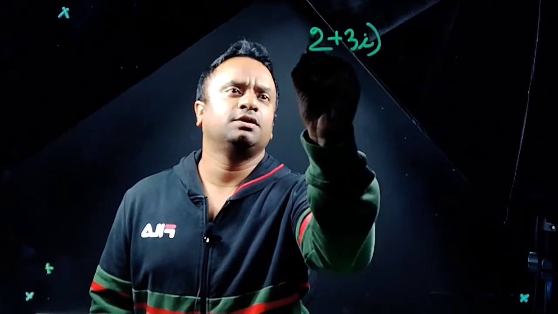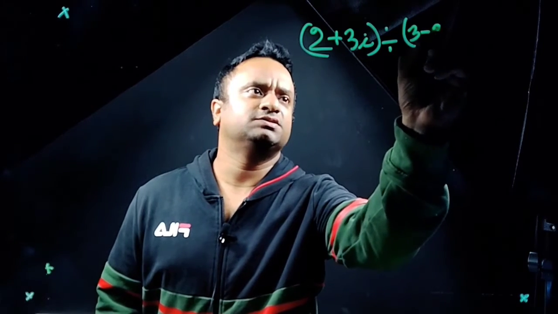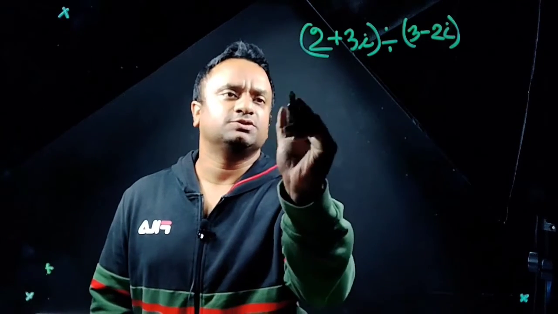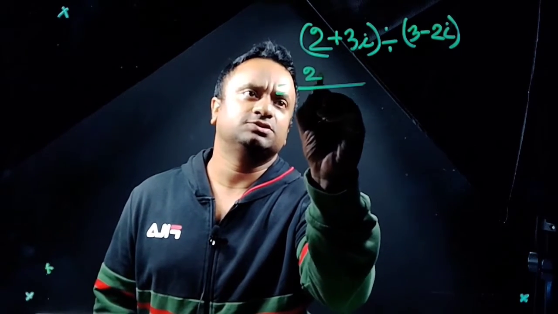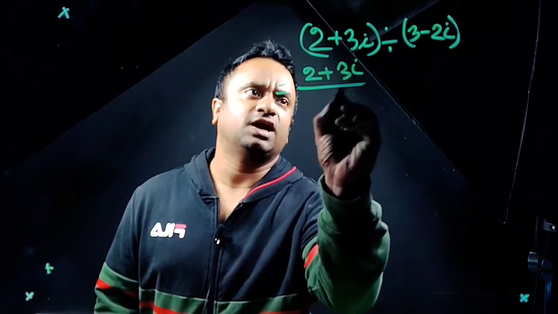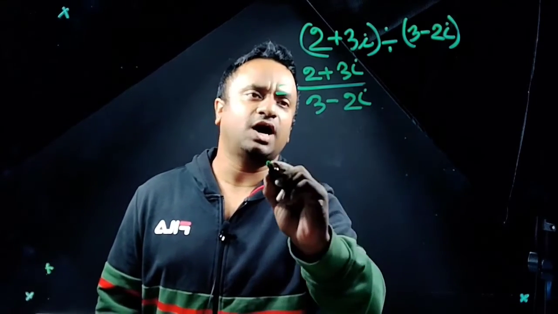Now we are going to discuss division of complex numbers. So let's take an example. Say 2 plus 3i divided by 3 minus 2i. So what we do, we write it in fraction form, that is 2 plus 3i divided by 3 minus 2i.